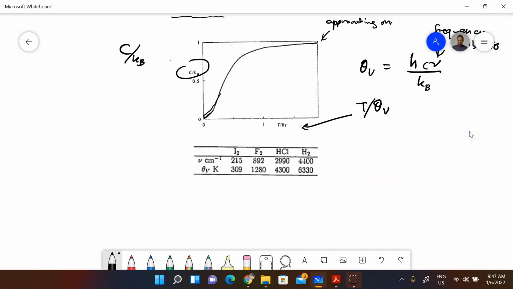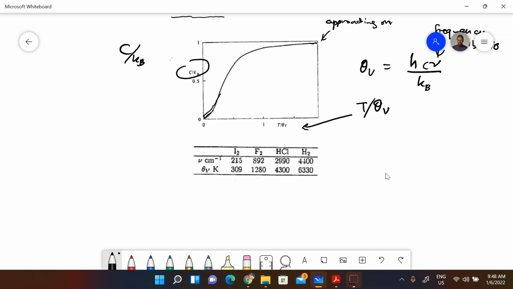So one could look at this model using the harmonic oscillator and actually test it using experimental results. So I think that's probably it for this case.